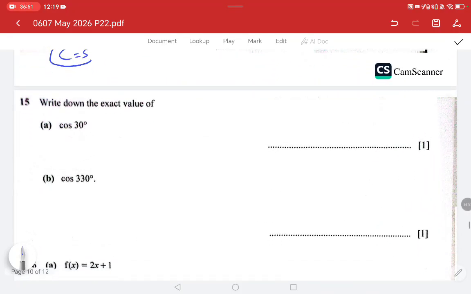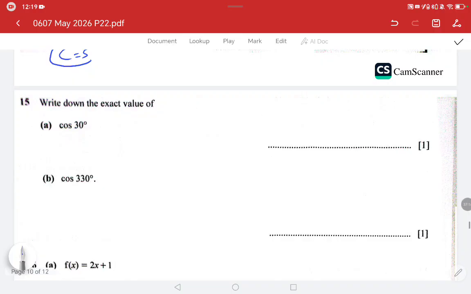Question 15. Write down the exact value. As I mentioned before, please revise the exact values. We studied this for the exact values if it's 30, 45, 60, and of course 90, 180, 270, 360.